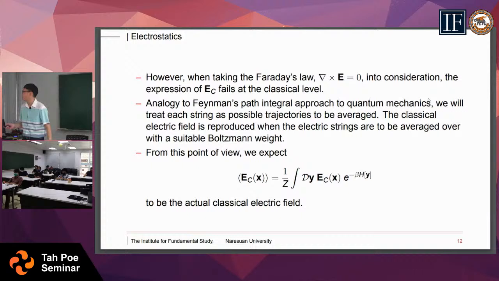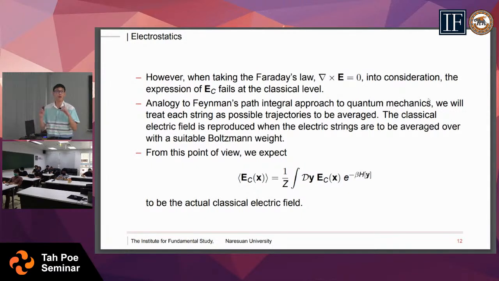We say that maybe the classical electric field can be reproduced by averaging the electric strings, averaging over a suitable Boltzmann weight, of course. So at this point, we expect that we could retrieve the classical electric field E from this average, and this is the path integral average of the electric strings here.